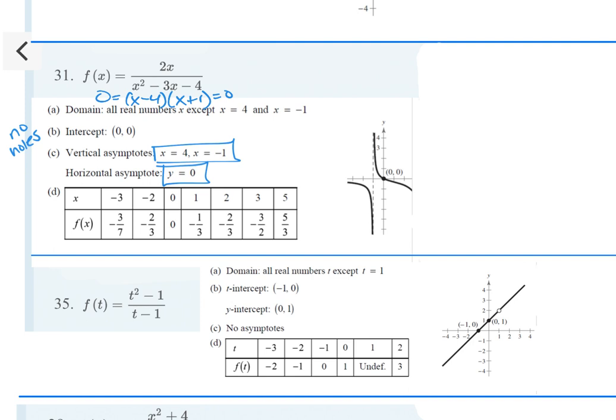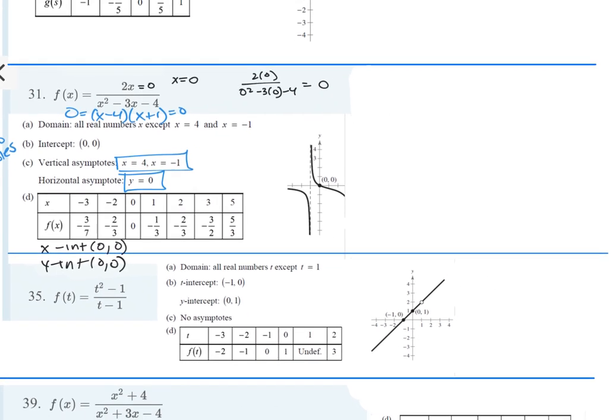And then your zeros or your x intercepts, set this equal to 0, and I would get x equals 0. That's my x intercept. And it would be my y intercept if I plug 0 in. I'd also get 0. So the x intercept and the y intercept are both 0, 0.